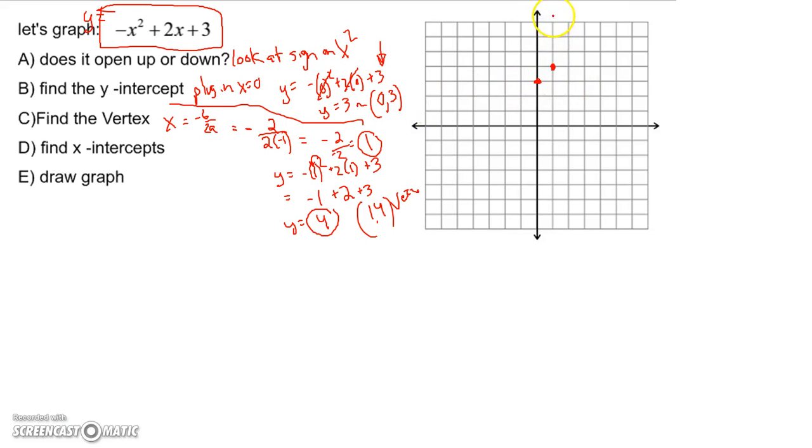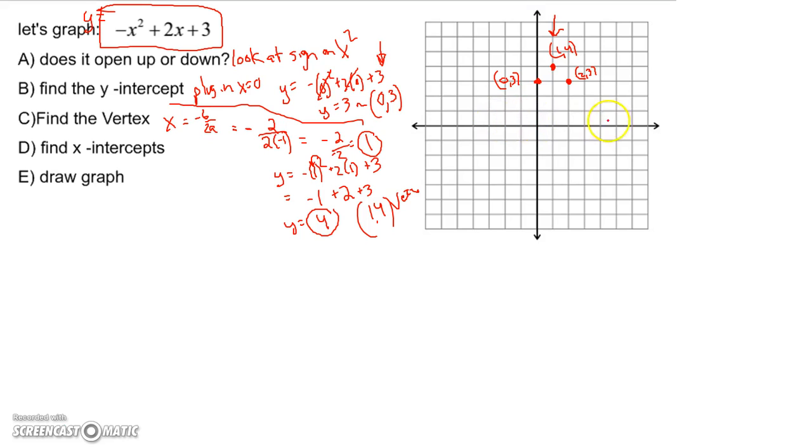We also know that this line, by the way, is our line of symmetry, meaning that this point has to go 1 unit to get to the line of symmetry. That means you can also graph this point right here, which is actually 2, 3. We've got 0, 3, we've got 2, 3, and we've got 1, 4, our vertex.